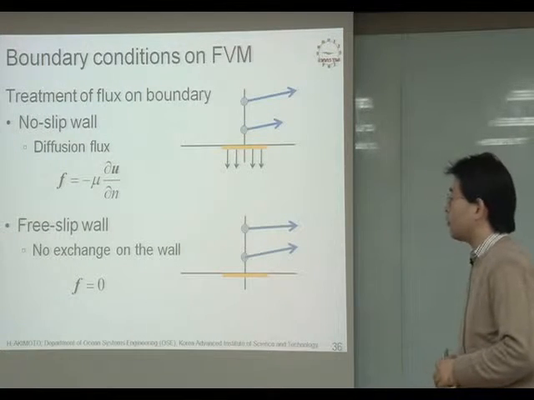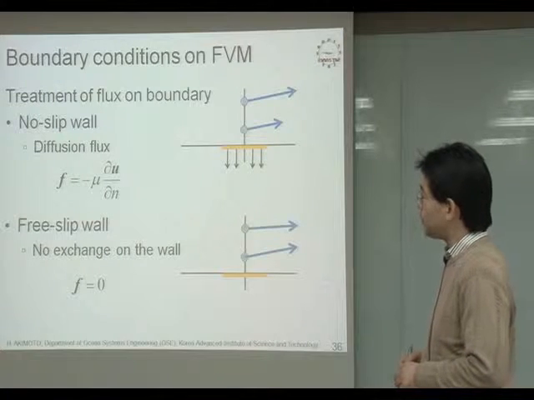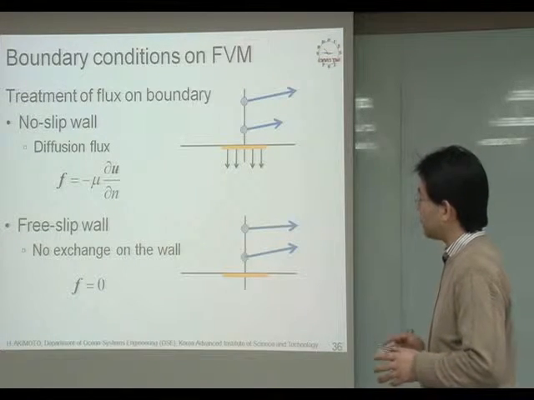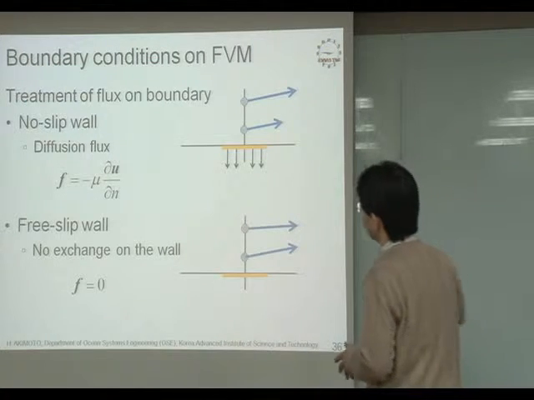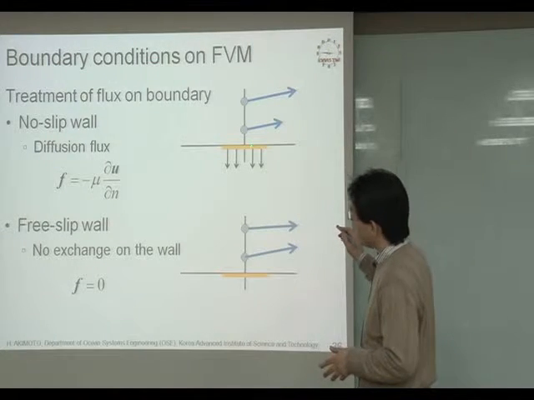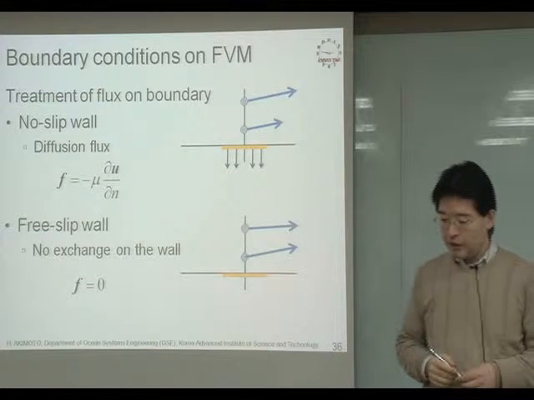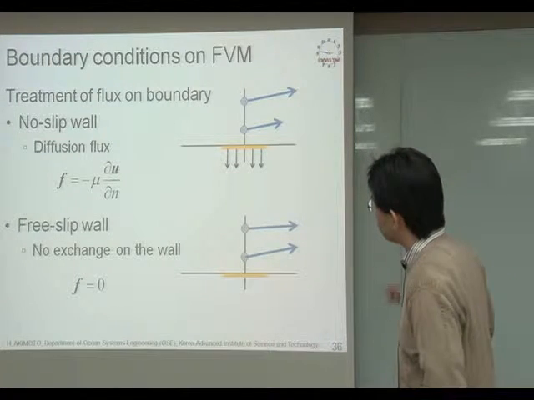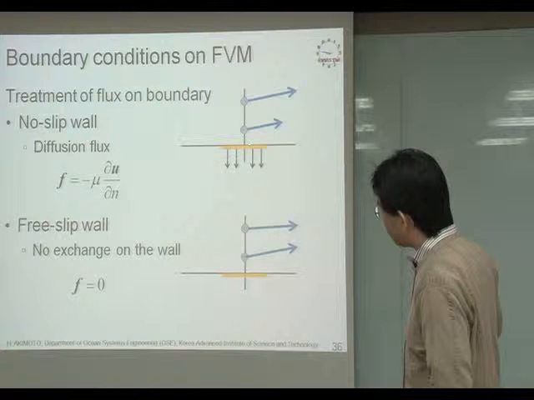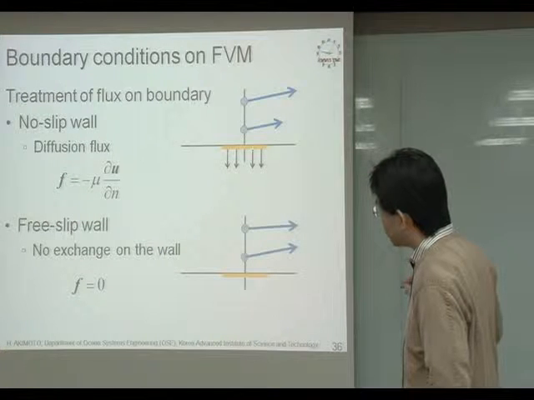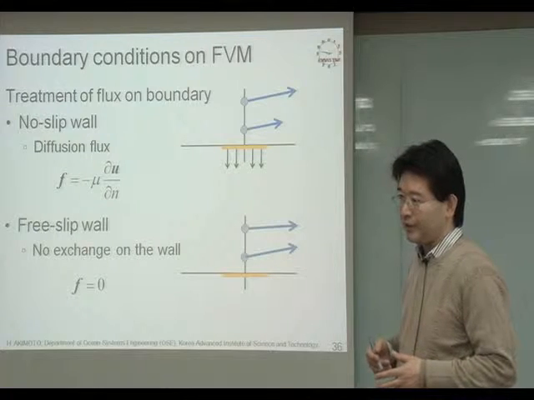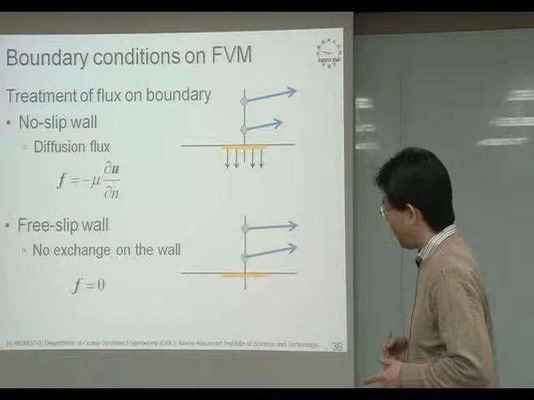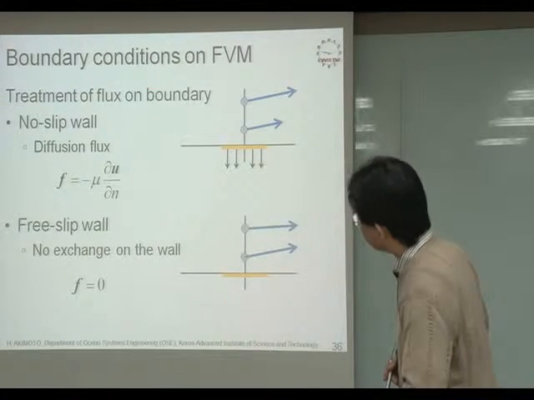In the finite volume method, the actual condition of flux should be applied on boundaries. I guess it was already described in the previous class. But I think you have to do this estimation by programming in the future.